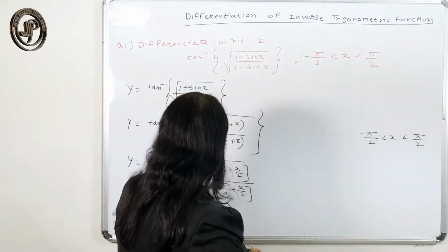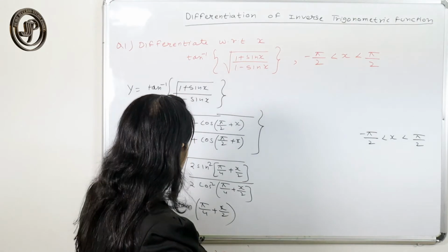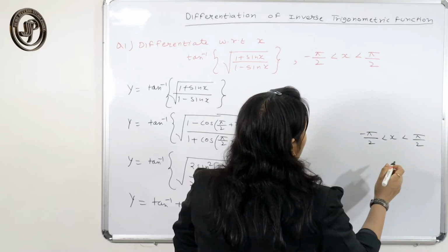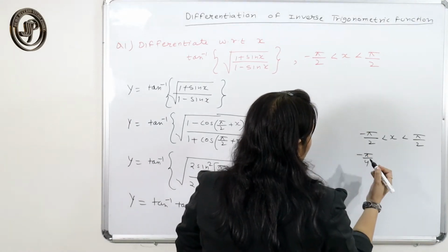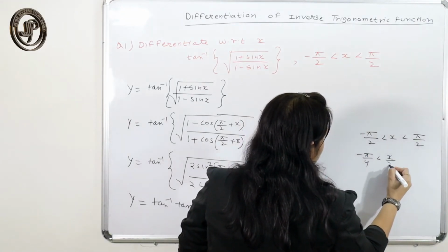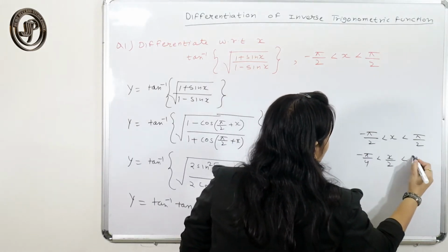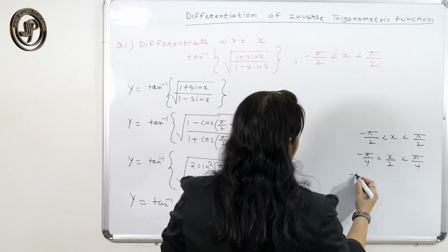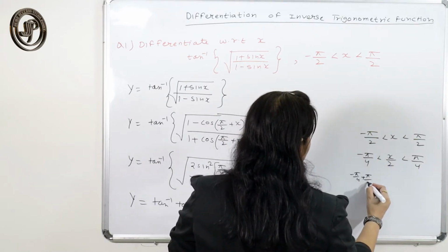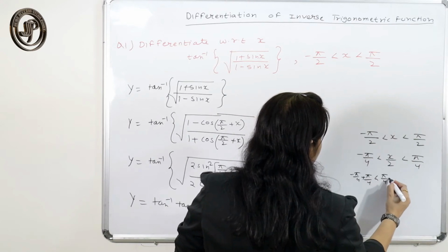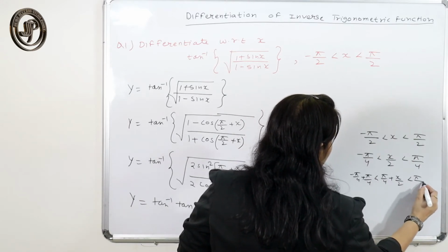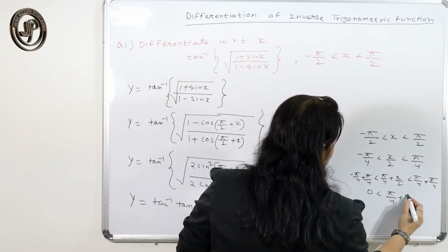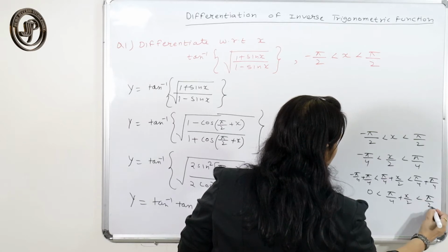So what will I do? First I multiply the whole inequality by 2, so this becomes minus pi by 2 to pi by 2 for x, and then I divide by 2, giving minus pi by 4 to pi by 4 for x by 2. Now adding pi by 4 everywhere, it is 0, pi by 4 plus x by 2, and pi by 2.